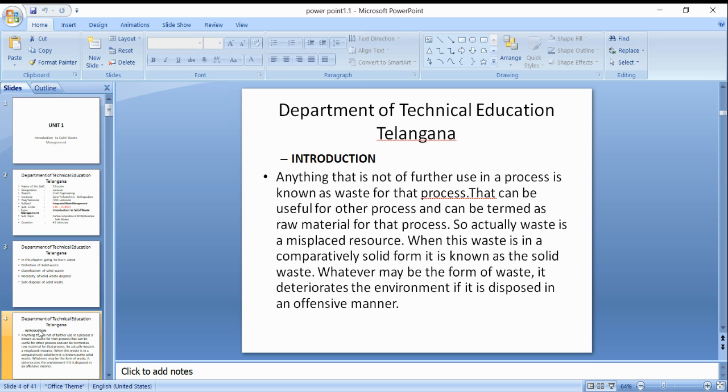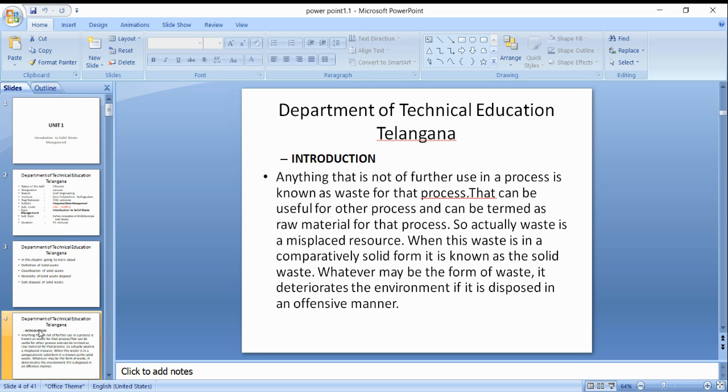Anything that is not used in the process is generally known as a waste. That raw material should be in the process, or it is a misplaced resource. The waste which is in a comparatively solid form is known as solid waste. So the raw material which is not used, in solid form, is called solid waste.